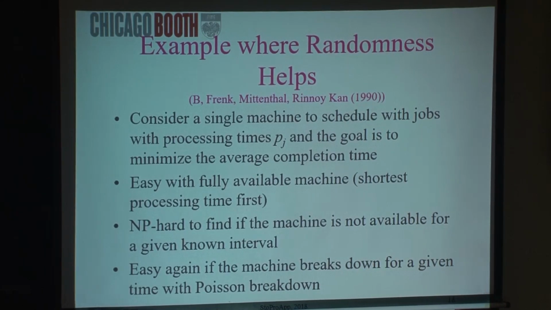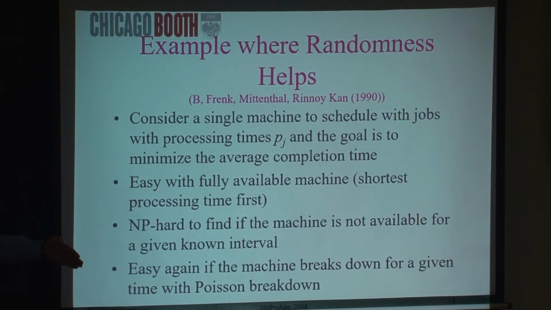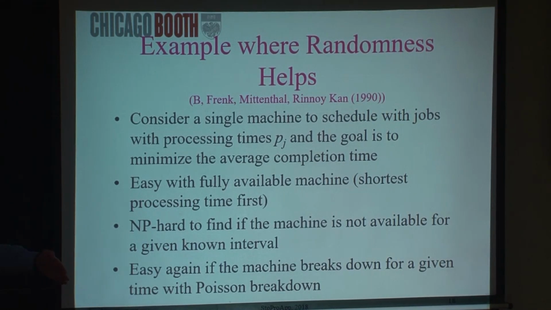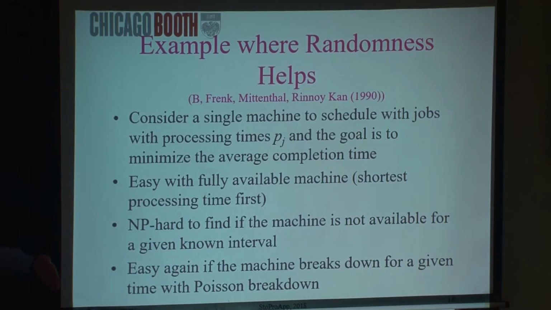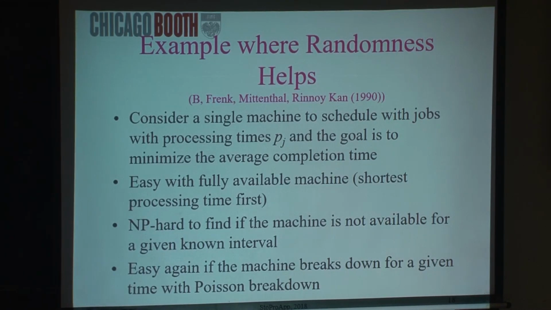You're trying to pack as many jobs as you can in before the machine breaks down and then complete jobs after the machine is available again. So that deterministic problem is NP hard.